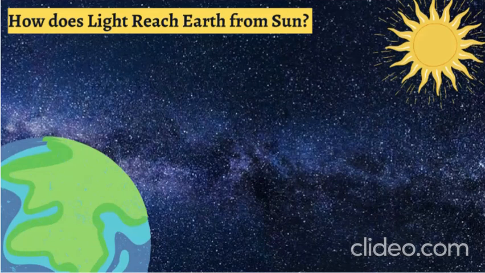Now, when we talk about Earth and the Sun, let us understand how light reaches Earth from the Sun. Why is light needed here? Look over here. Basically, we know that from the Sun the light reaches Earth, correct?